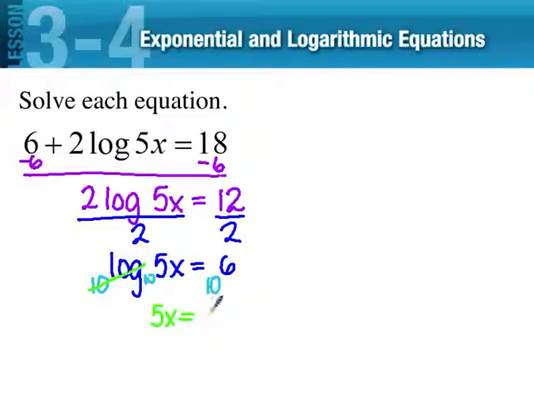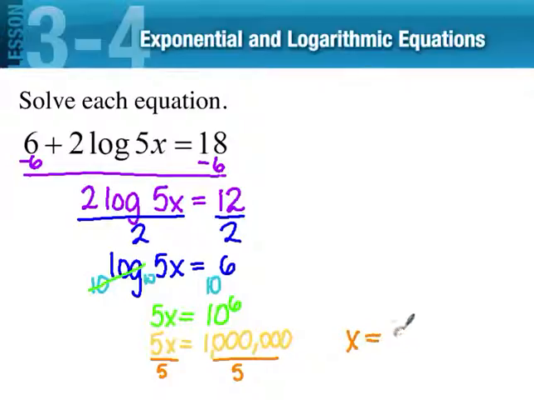On the right side, I have 10 to the 6th power, which is a 1 with 6 zeros. How do you solve that for x now? Divide by 5. So what does x equal? 200,000. Good.